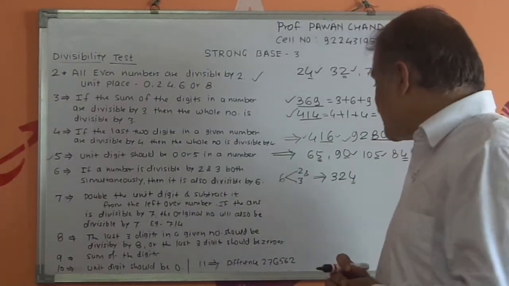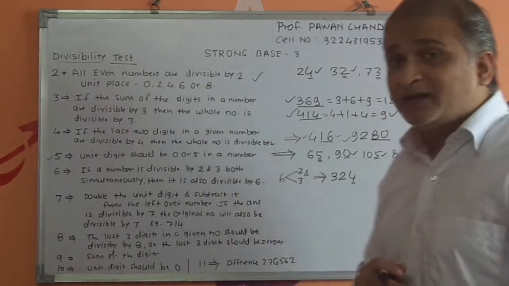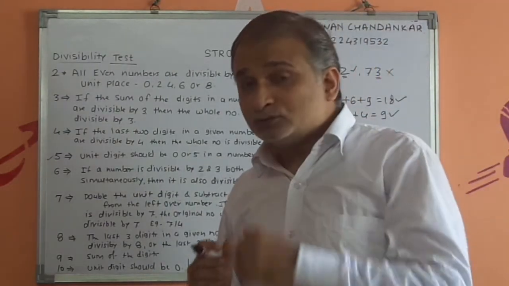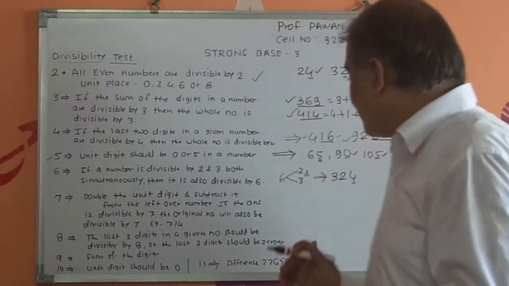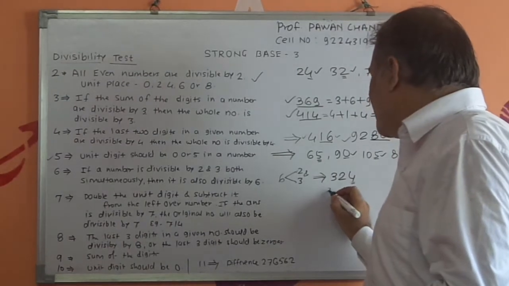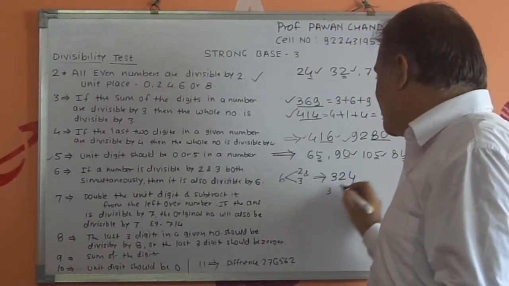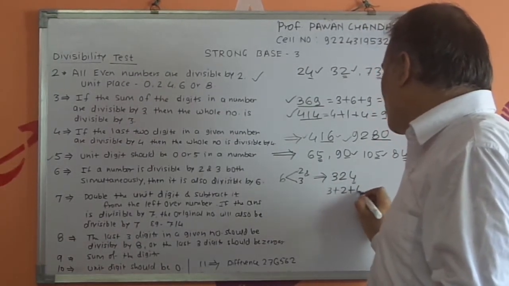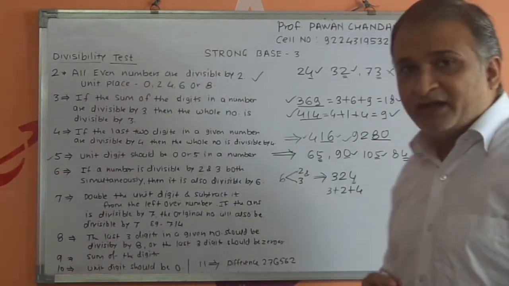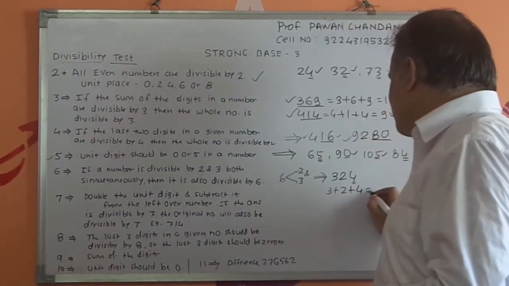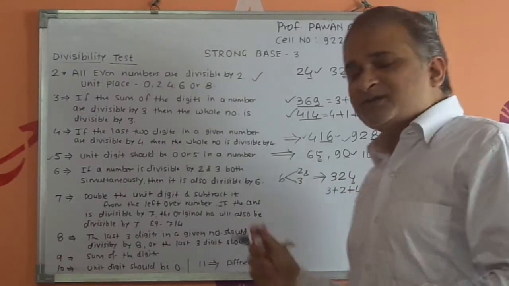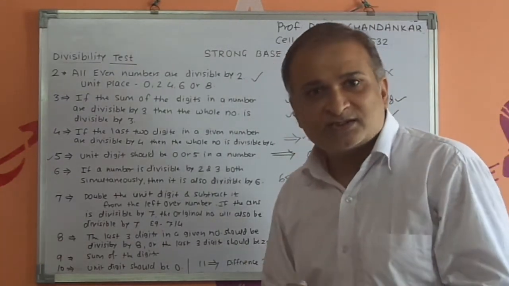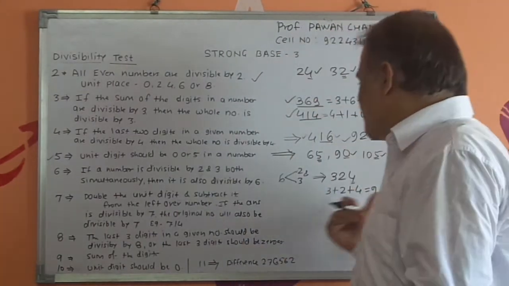Means it is satisfying the test of 2. Right students? Now whether it is satisfying the test of 3 or not, that we have to see. For that, what will I do? I will add the digits of this number. 3 plus 2 plus 4. 3 plus 2 gives me 5 and 5 plus 4 is 9. So is 9 divisible by 3? Yes kids? Very good. 9 is divisible by 3.